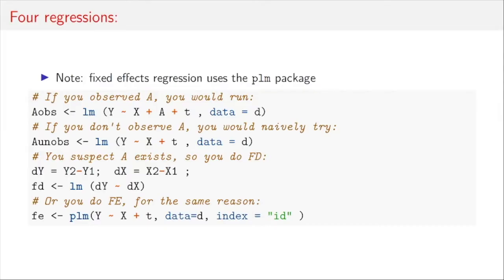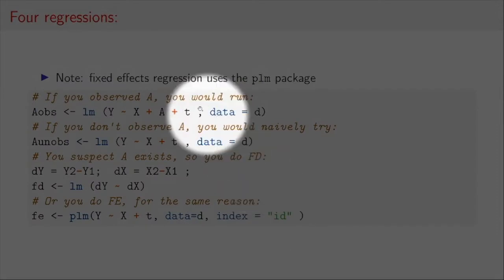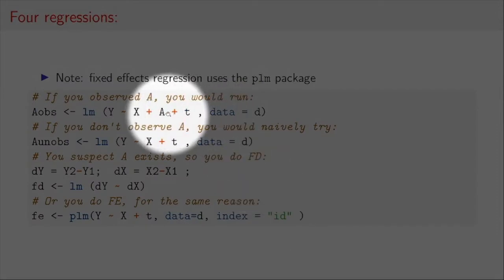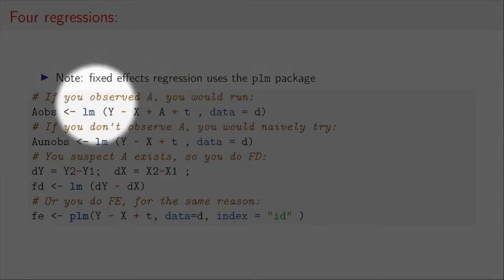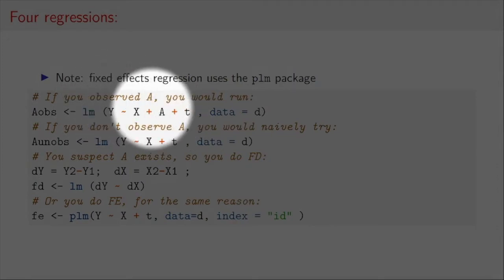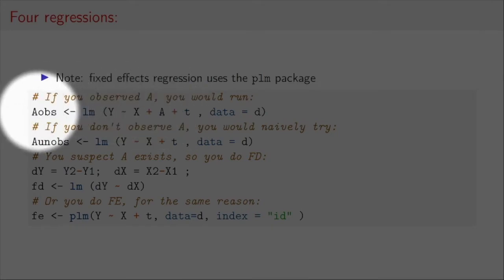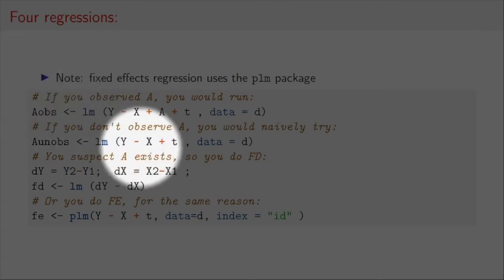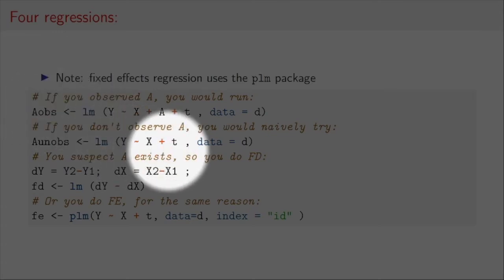So let us simply run the 4 regressions that we talked about today. The first regression we talked about today was if we happen to observe the a variable, the time invariant variable, we would just run y on x and a and t. So we call this model a obs for a being observed. If we did not observe a, we would do the same thing, but obviously we would not know how to include the variable a.